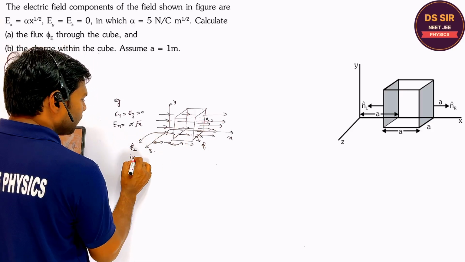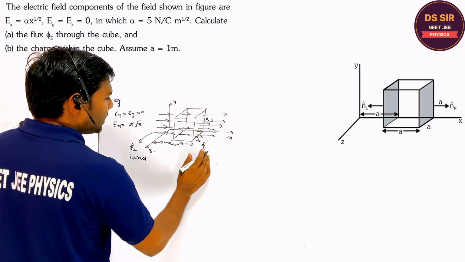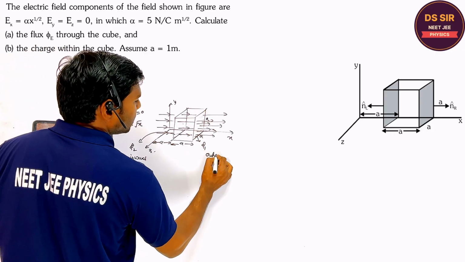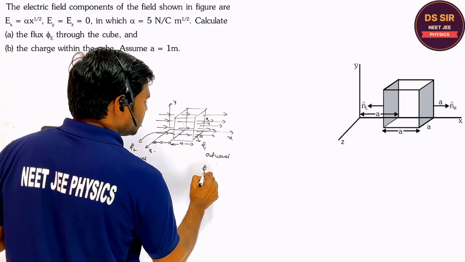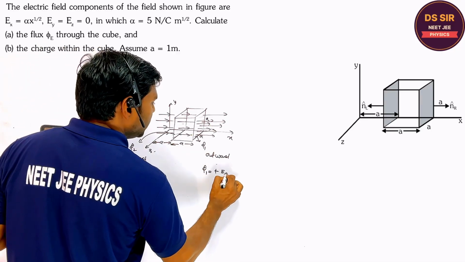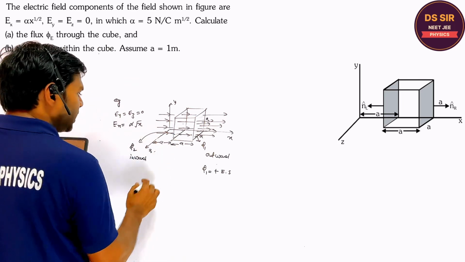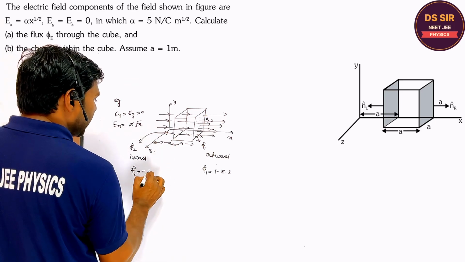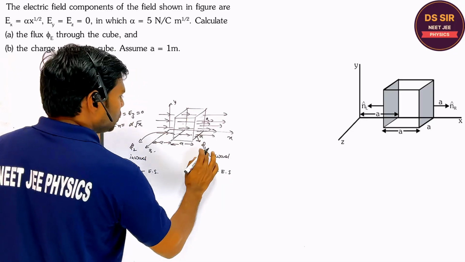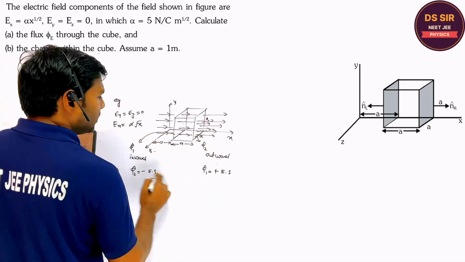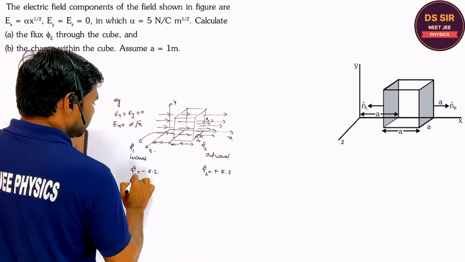This is the inward flux, which will be negative, and this is the outward flux, which will be positive. So the flux is nothing but positive E into area, and in this case phi 2 will be negative E into area.